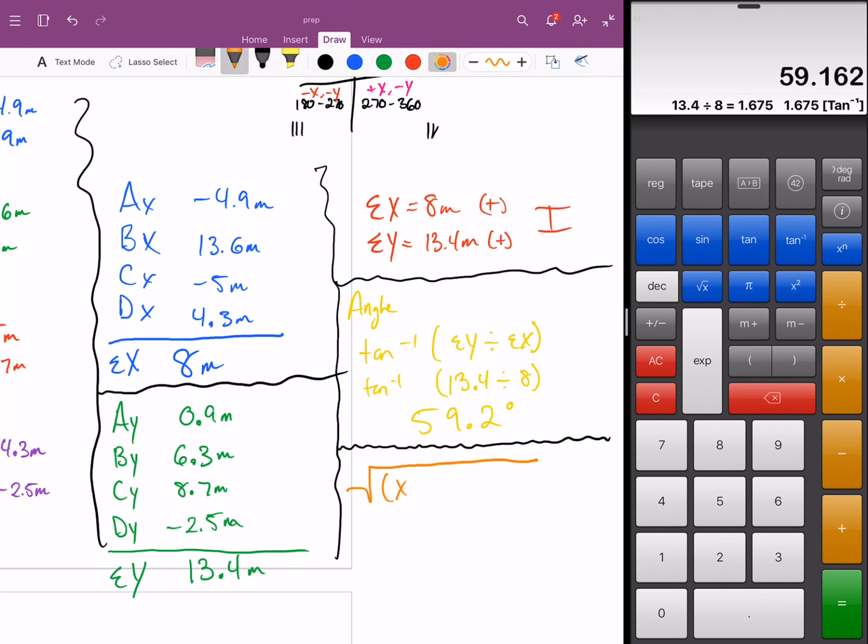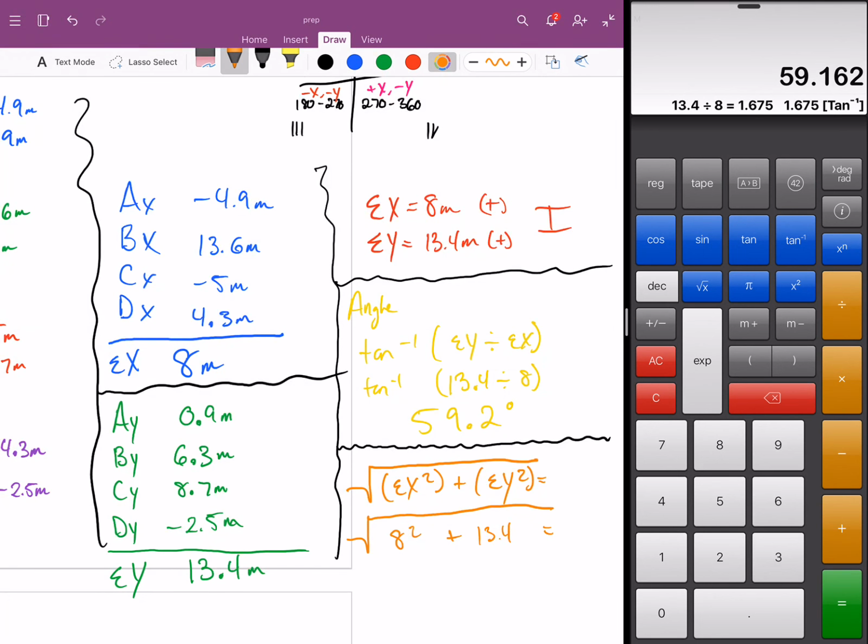Sum of x squared plus sum of y squared. Now, 8 squared and 13.4 squared.